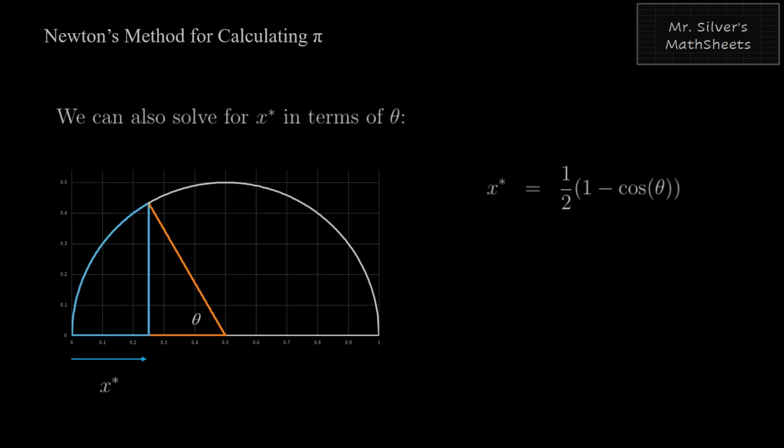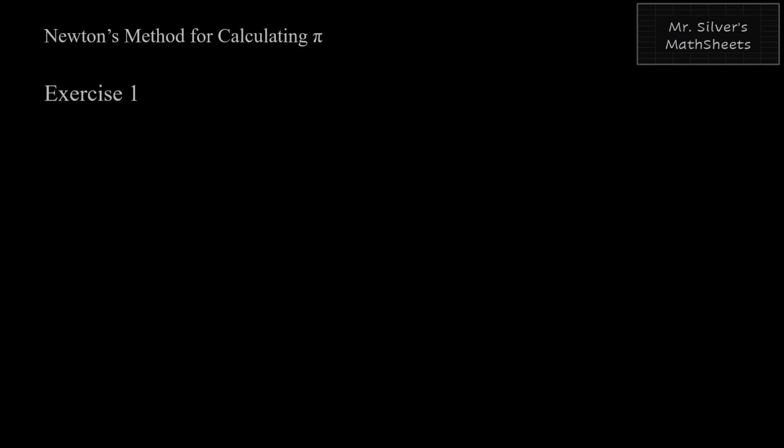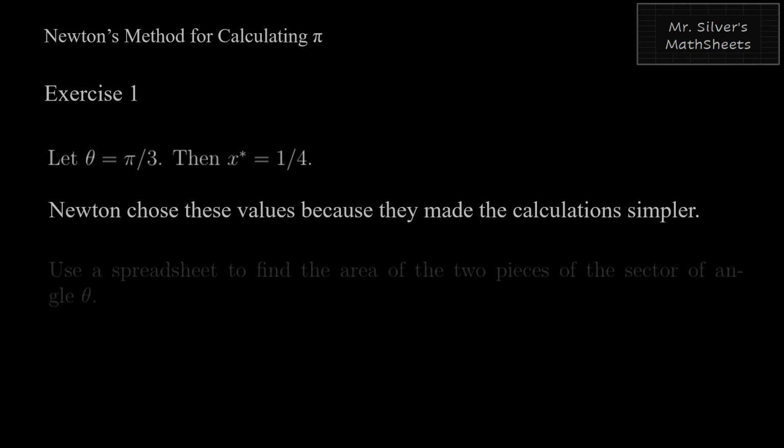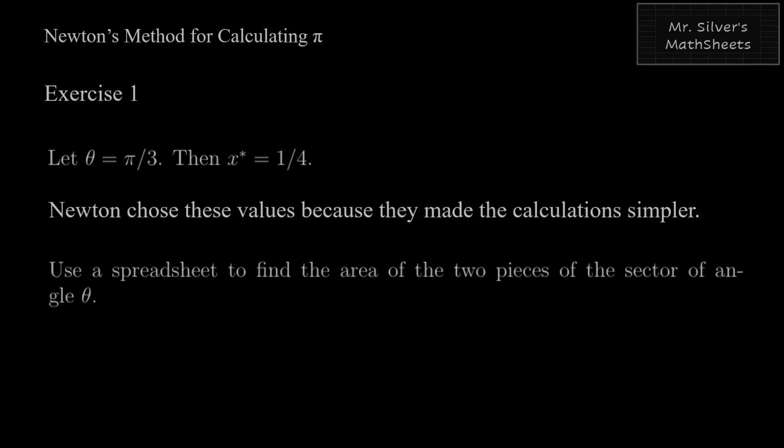It's equal to 1/2 (1 minus cosine theta), which is equal to sine squared theta over 2 times (1 plus cosine theta). So exercise 1, we're going to let theta equal pi over 3, and x star in that case would be 1/4. Newton chose these values because they made the calculations simpler.